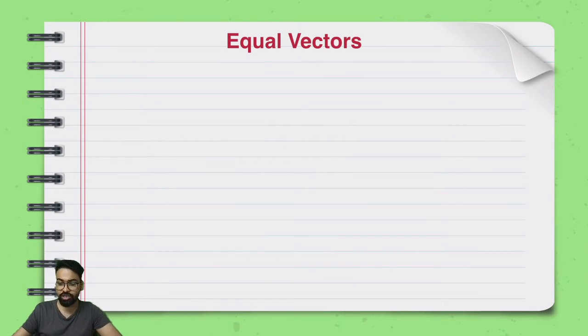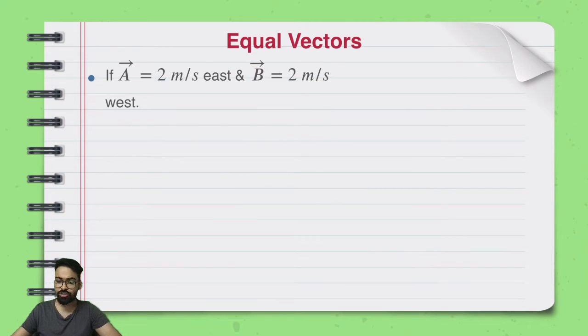Now if we take up the first one, that is equal vectors, what is being told to us? Let us say a condition is given where A is given as 2 meter per second. This is a vector because I can see the notation over here. The direction is towards east. If you talk about B vector, it is a similar vector having the same magnitude and the same units, that is 2 meter per second, but a different direction, that is towards west. Are these equal vectors?